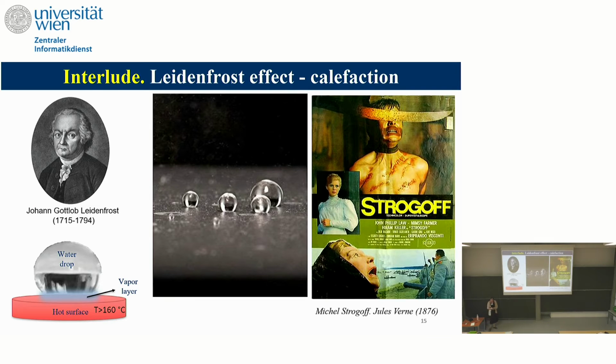So this is exactly what you said. You have a very hot surface, which should be much hotter than the boiling point, and then you have this vapor layer that insulates the drop from the surface. Therefore the temperature is much lower, and you don't have any friction. It's a way to have something that levitates on a cushion of vapor.